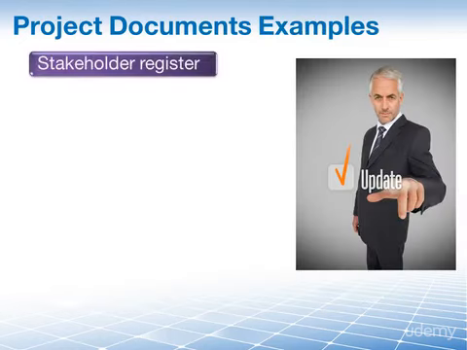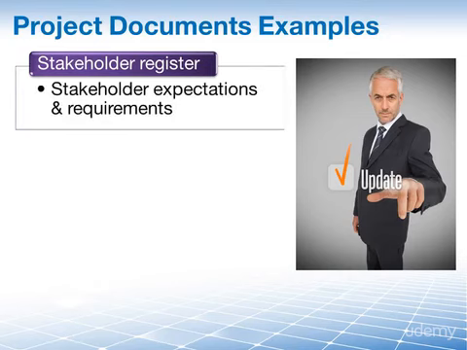So the stakeholder register captures major requirements and expectations for the project and is used to identify stakeholders who can provide information on the requirements. As you define project scope, requirements and expectations may change, therefore updates are required, or you may simply identify additional stakeholders.